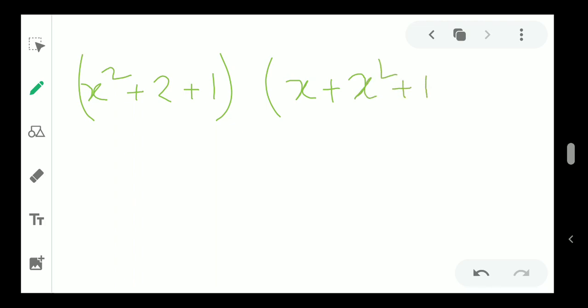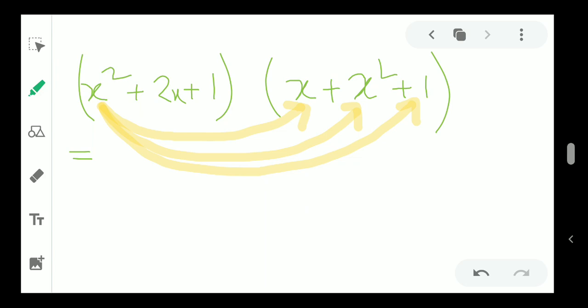Okay, so let's say we have an equation like this: x square plus 2x plus 1, multiplied by x square plus x plus 1. Okay, so see, this one is a bit hard, because first you have to multiply x square with x, x square with x square, x square with 1.